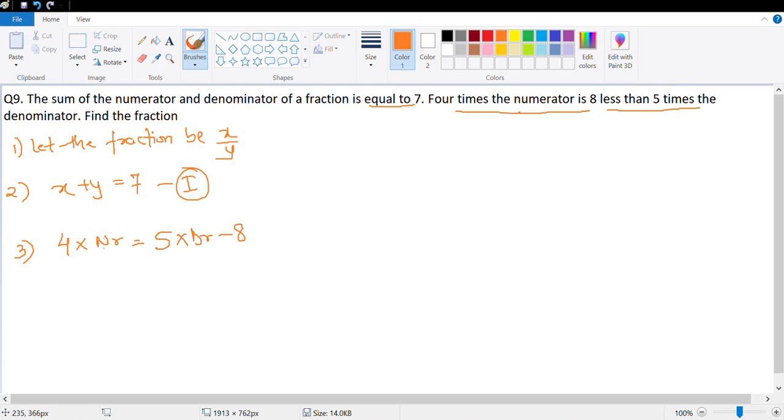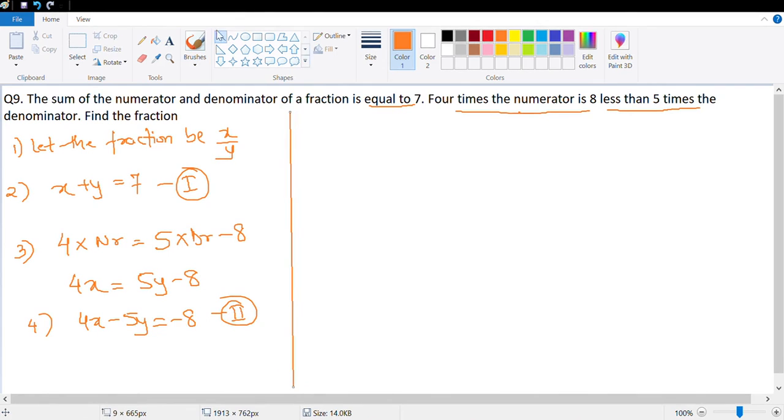Let's look at it again. 4 times the numerator is 8 less than 5 times the denominator, which means 4x is equal to 5y minus 8, which means 4x minus 5y is equal to negative 8. That's our second equation. Let's see how we can solve this. If I equate the coefficient of y, I'll multiply the first equation with 5.